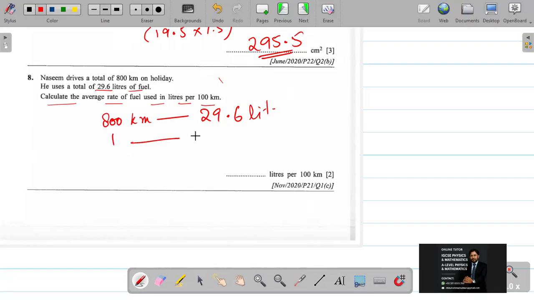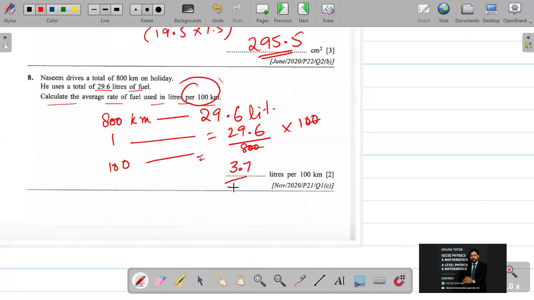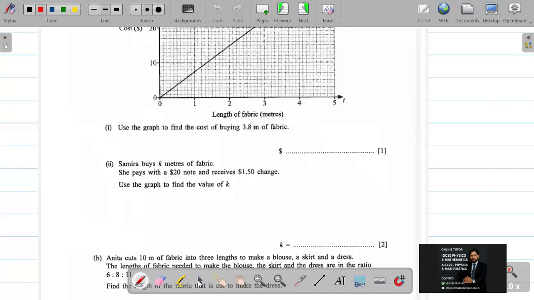For 1 kilometer, he will use 29.6 over 800. For 100 kilometers, I just multiply by 100. Two zeros cancel, so 29.6 divided by 8 gives me 3.7 liters.